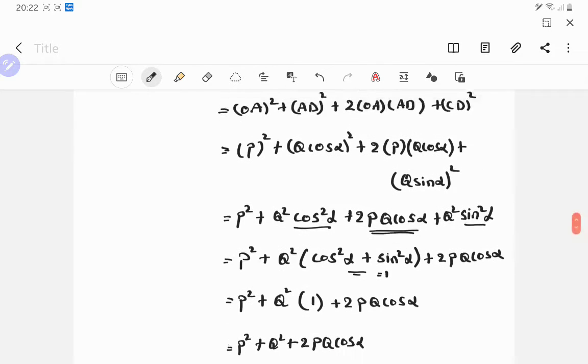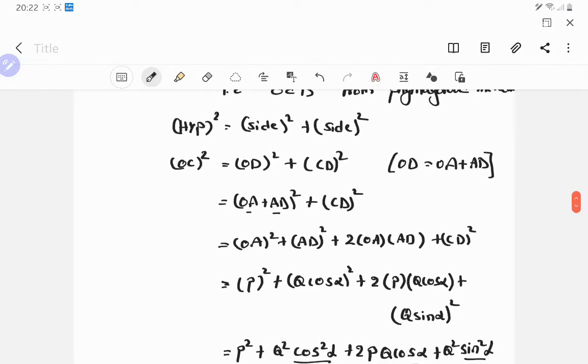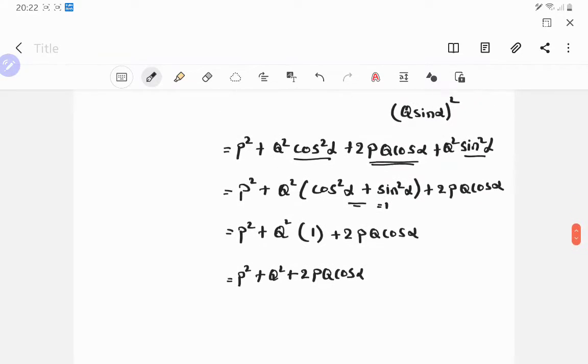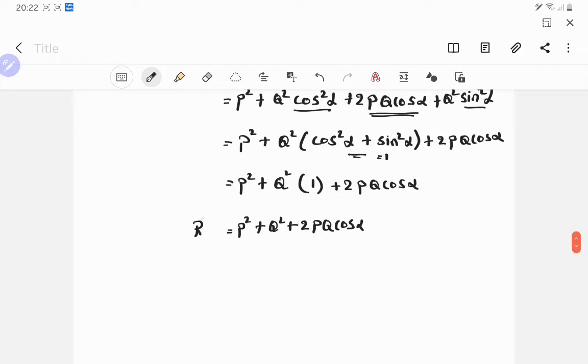This is equal to OC square, where OC is equal to R. So R square is equal to P square plus Q square plus 2PQ cos alpha, where R is equal to, if the square comes to this side, root of P square plus Q square plus 2PQ cos alpha.